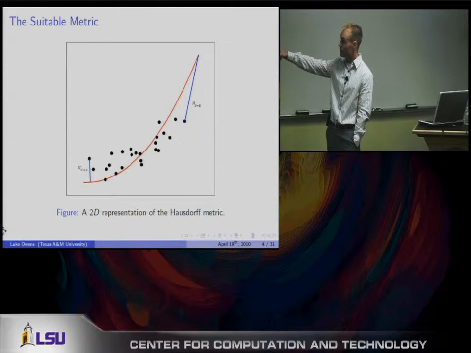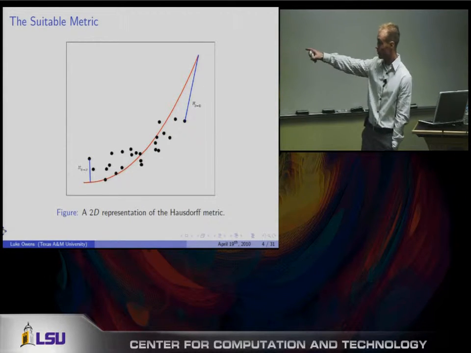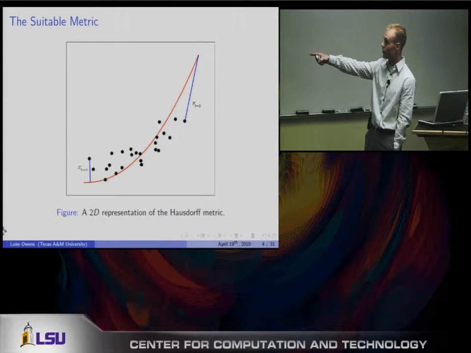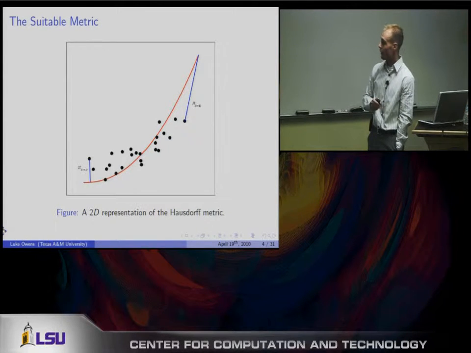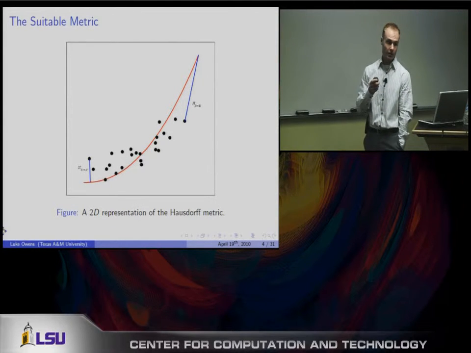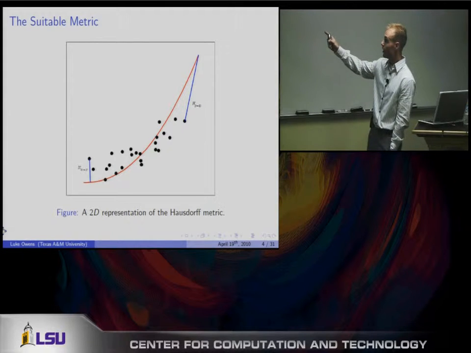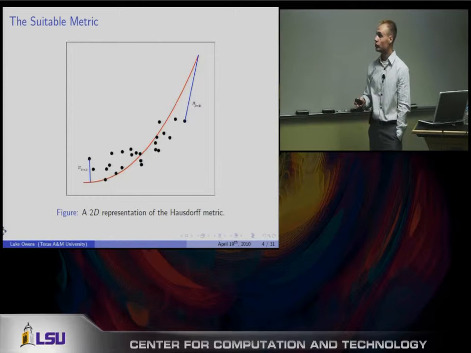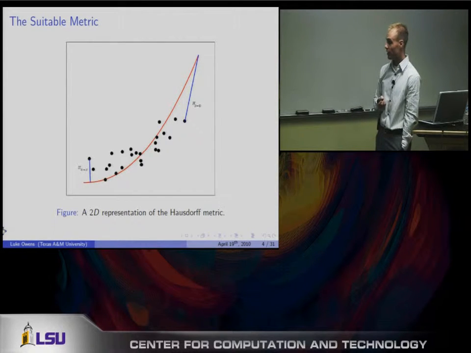So the Hausdorff distance from the points to the curve is the blue line on the left there. That is the point that is furthest away from that curve. But the distance from the curve to the points isn't as good. There's a point at the top of that curve there that is pretty far from the data set. So we'd have a large surface to points Hausdorff, but a pretty good points to surface Hausdorff.